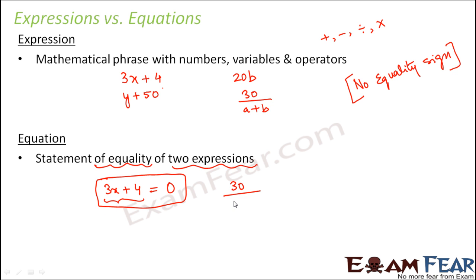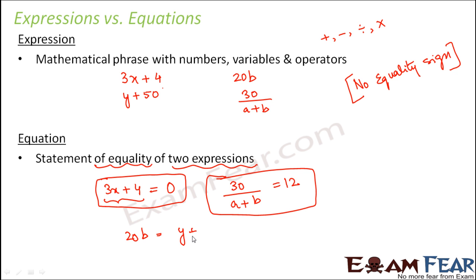Similarly, 30 divided by a plus b is equal to 12. Overall this is an equation. 20b is equal to y plus 50. You see, in the previous example we saw this is an expression, this is an expression, but when we equate the two of them with an equality sign, it becomes an equation.